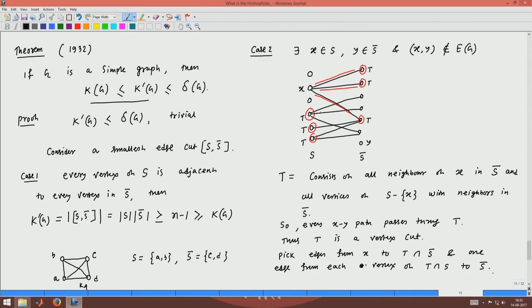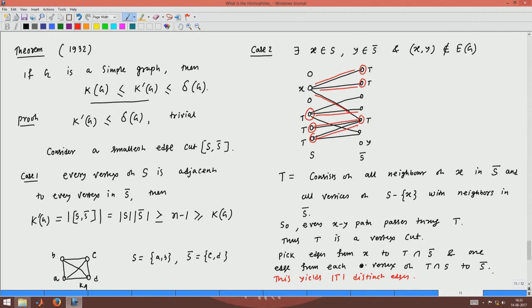That means, you pick just one edge from each vertex in T intersection S; these are the vertices in T intersection S. So, you pick one edge corresponding to every vertex, say this edge, and this yields t distinct edges.